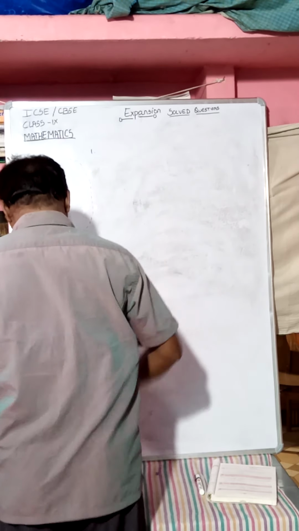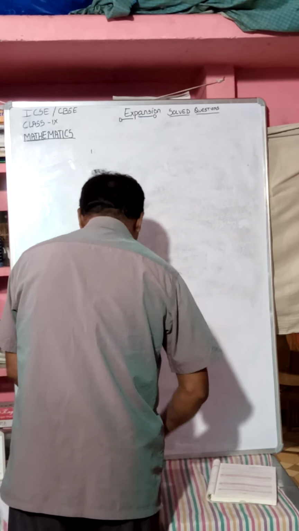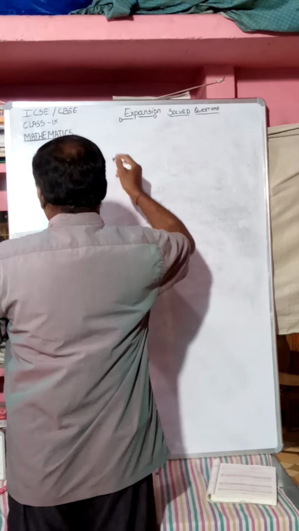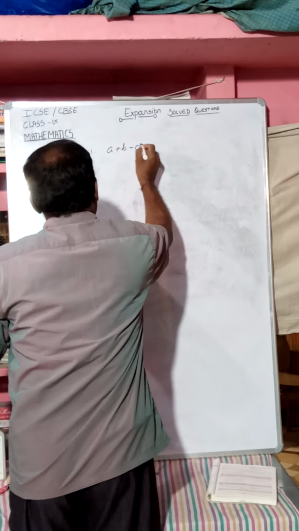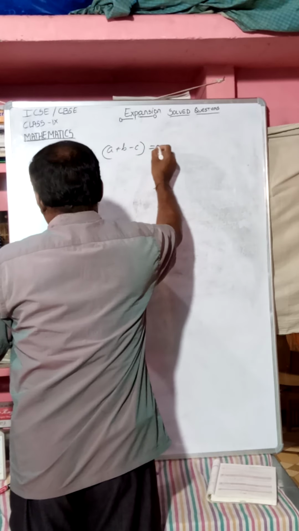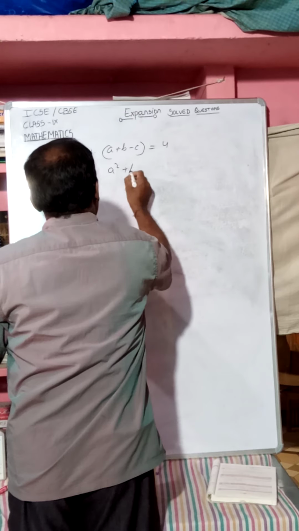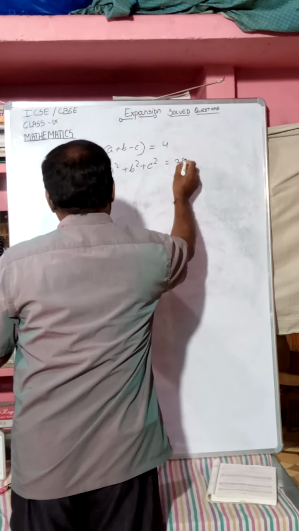Number 1. a plus b minus c is equal to 4. a square plus b square plus c square is equal to 38.